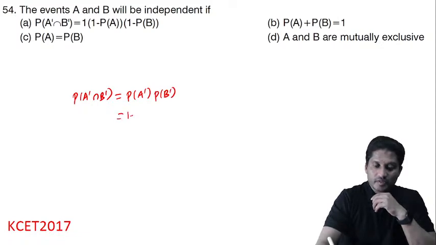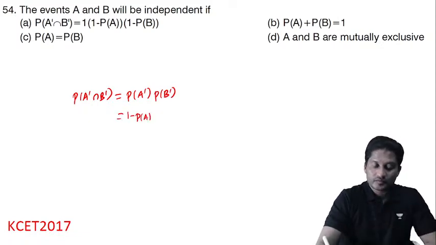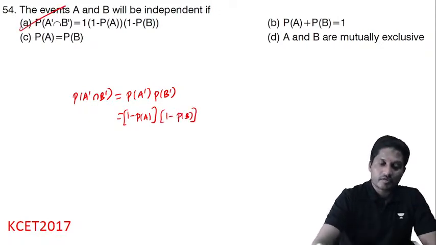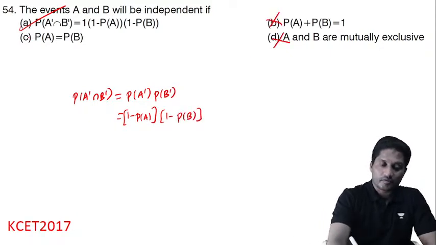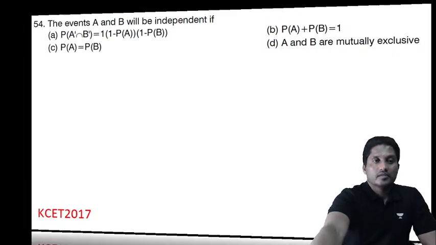P of A dash is 1 minus P of A. P of B dash is 1 minus P of B. Answer should be option A only, guys. 1 minus P of A into 1 minus P of B. So this is not possible, this is not possible, this is not possible. Let's move to the next question.